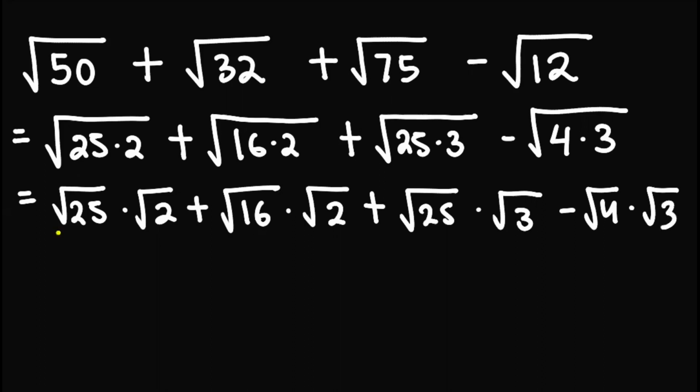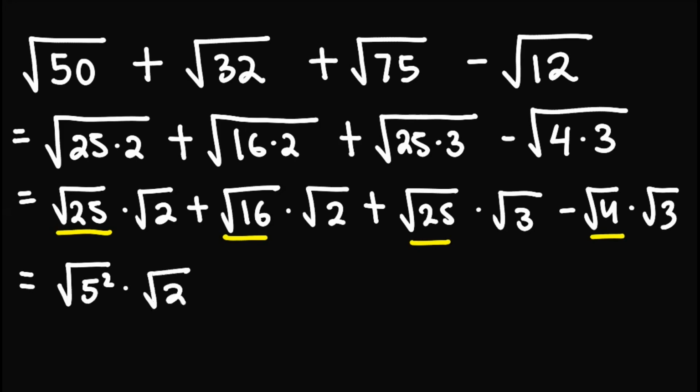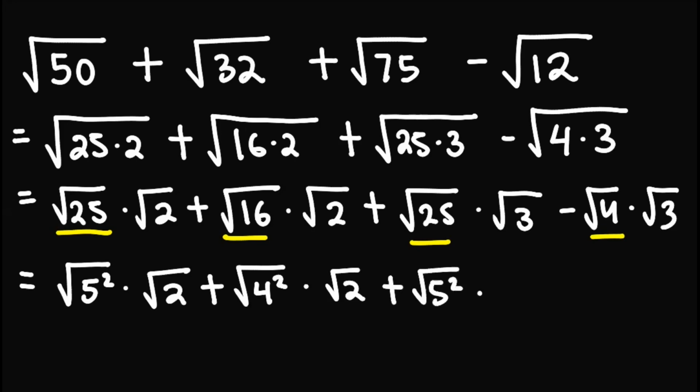And these out here, we know that these numbers inside are perfect squares. So we can write this one as square root of 5 squared times square root of 2 plus square root of 4 squared times square root of 2 plus square root of 5 squared times square root of 3 minus square root of 2 squared times square root of 3.